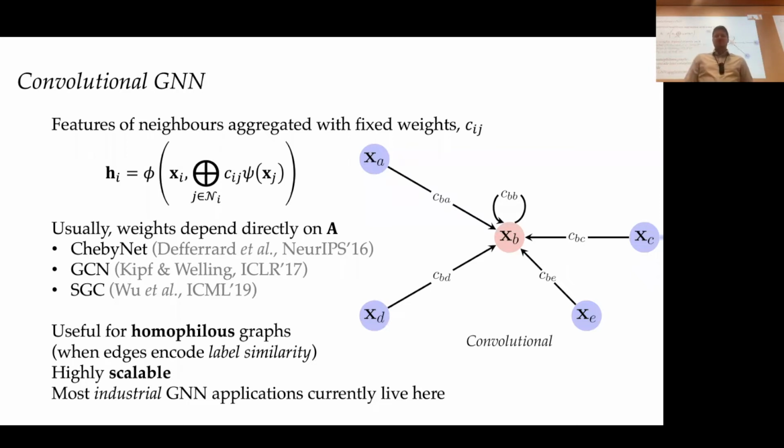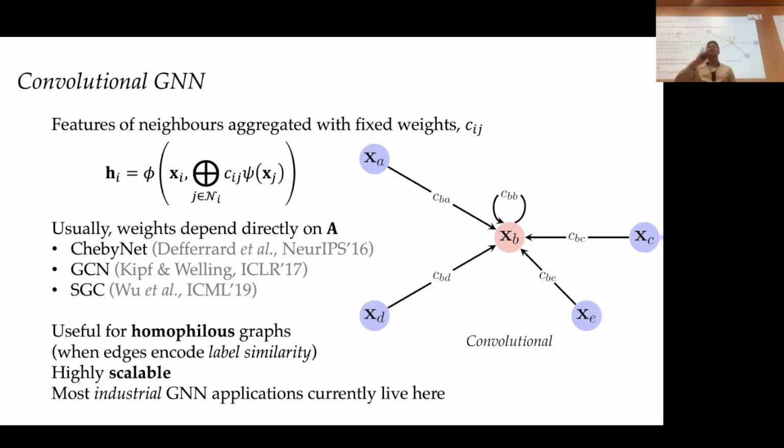For convolutional GNNs, we have all of these different neighbors that we have to aggregate together. So we transform every neighbor with one of these psis. And now we have to find a way to combine all the neighbors together. In convolutional GNNs, what you do is you pre-compute an interaction coefficient c_ij, okay?